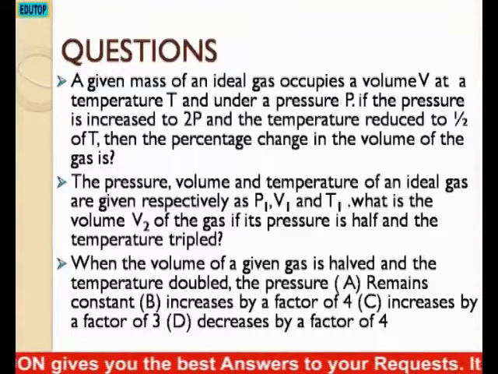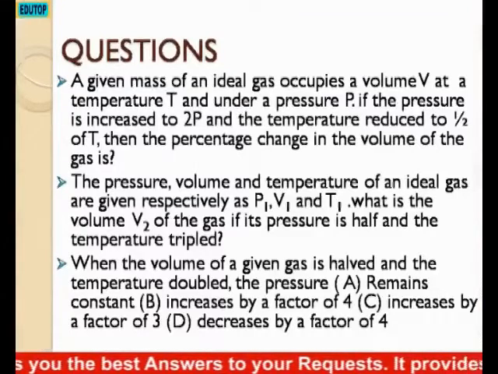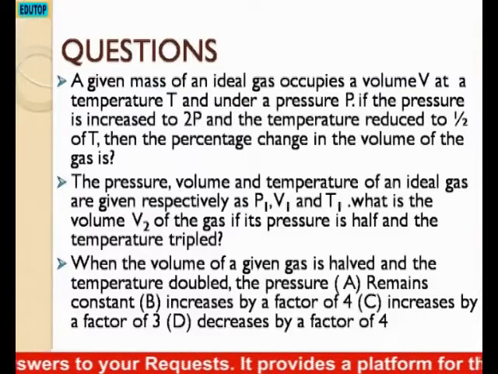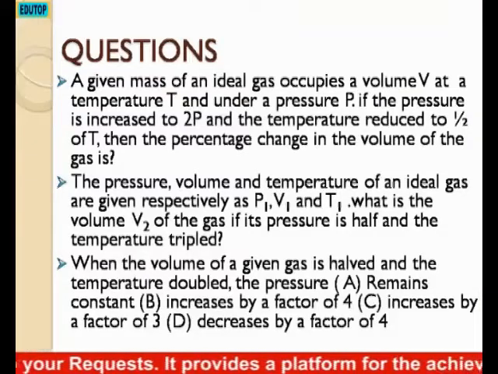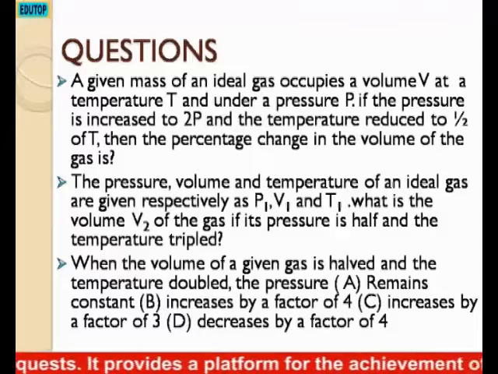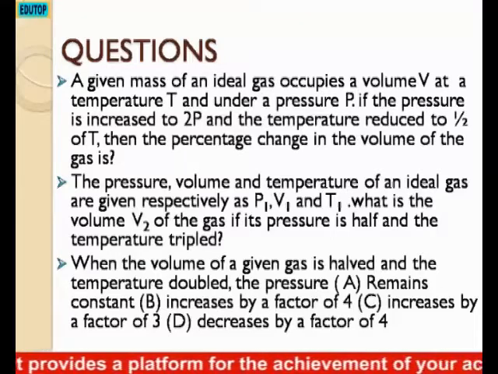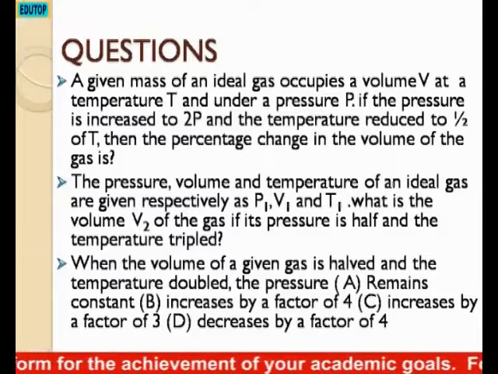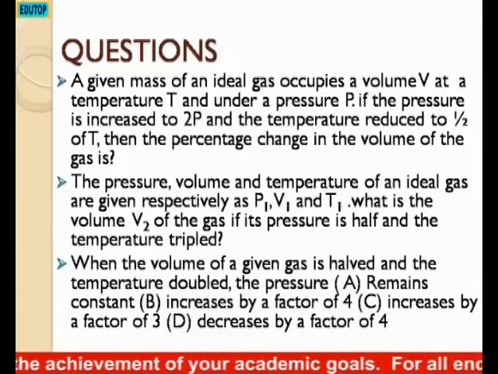We shall consider this question. The pressure, volume, and temperature of an ideal gas are given respectively as P1, V1, and T1. What is the volume V2 of the gas if its pressure is half and the temperature tripled?